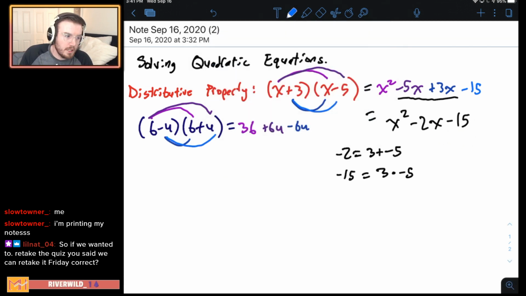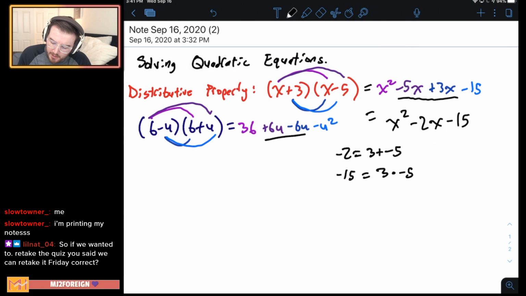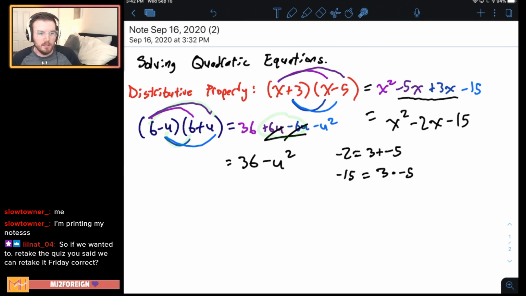And negative u times u is negative u squared. So when I combine my like terms here, these guys actually end up canceling out, which is kind of neat, is it not? Because I had a minus u and a plus u, 6 times a positive u and 6 times a negative u, they ended up canceling out. Just a nice, cute occurrence that happens there. Okay?